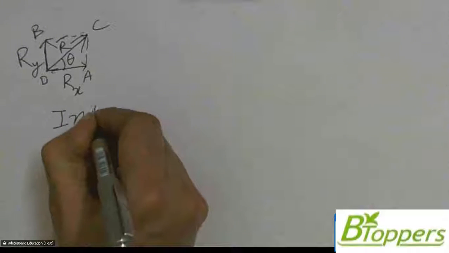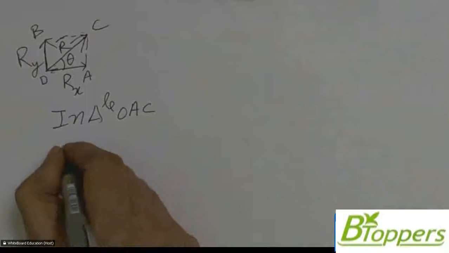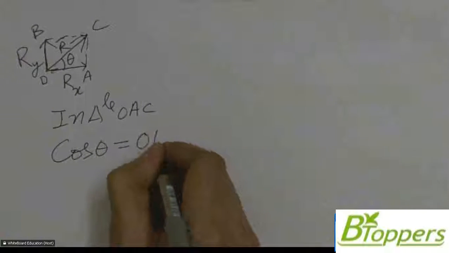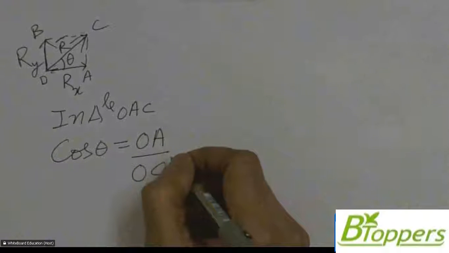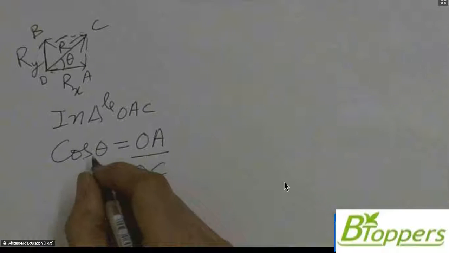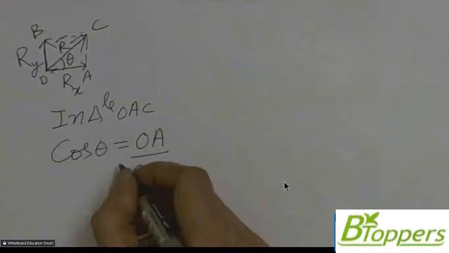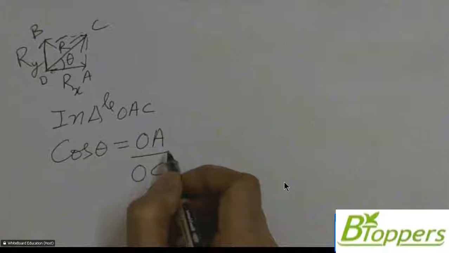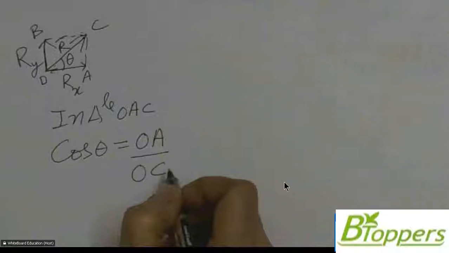So in the right angle triangle OAC, cos theta equal to the length of the side adjacent to the angle theta divided by the length of the hypotenuse side. So cos theta can be written as OA by OC.